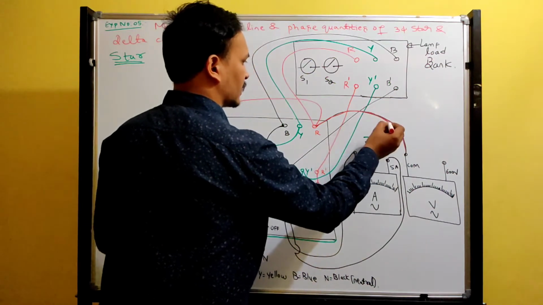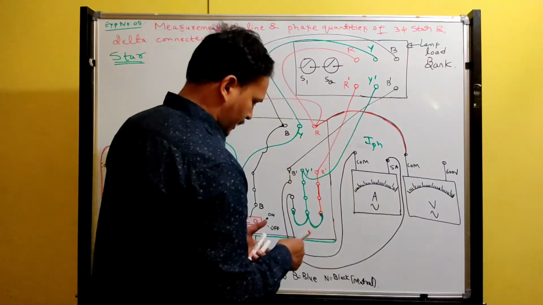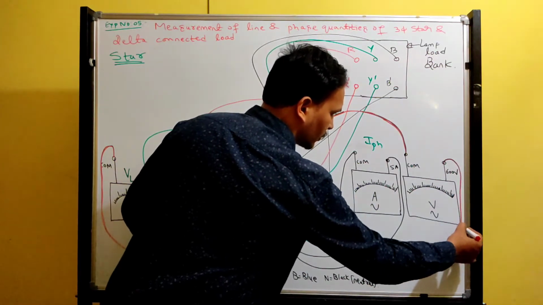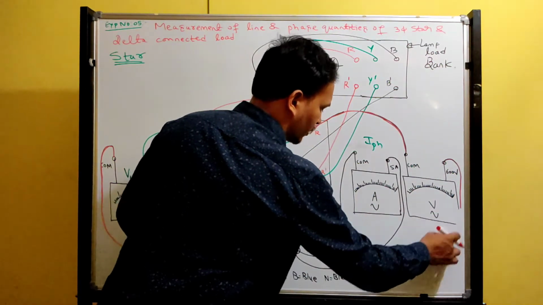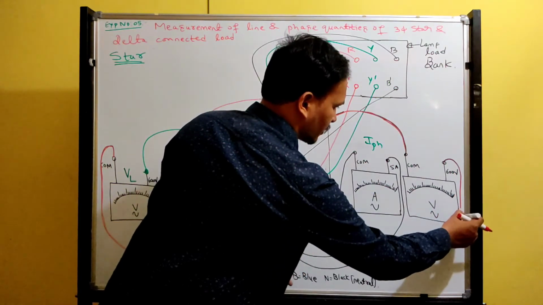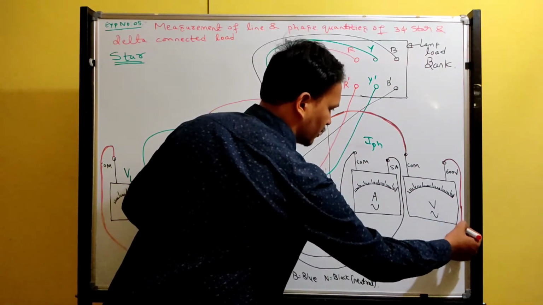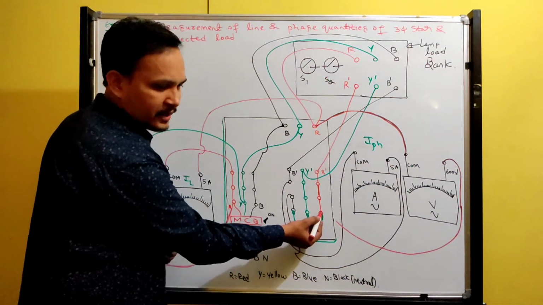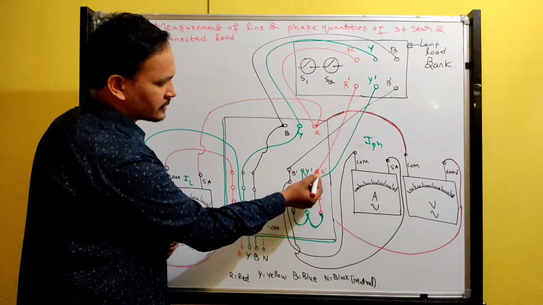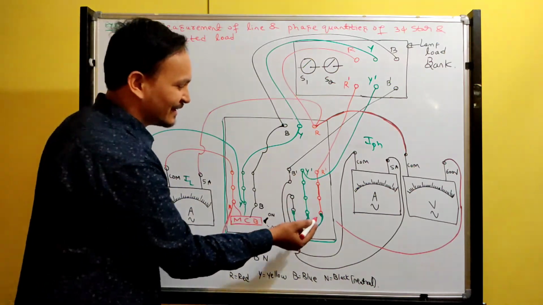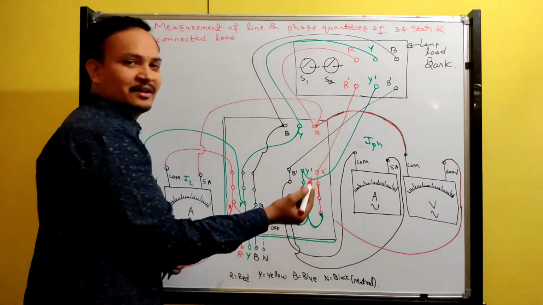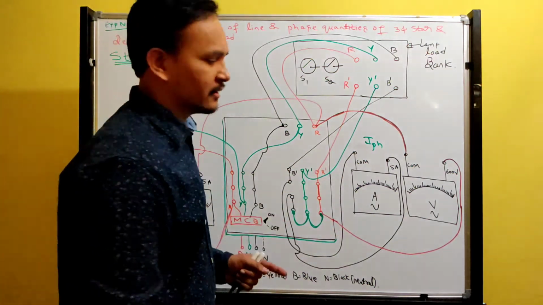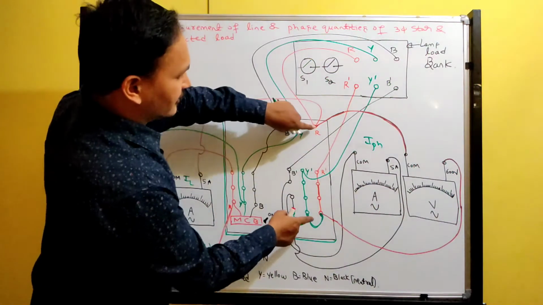Common is connected to R and 600 volt is connected to R dash. See, R dash is here, this also R dash, this also R dash. You can connect either here, here, here or here. So for simplicity, you connect here. What I done? I connect this voltmeter across R and R dash.